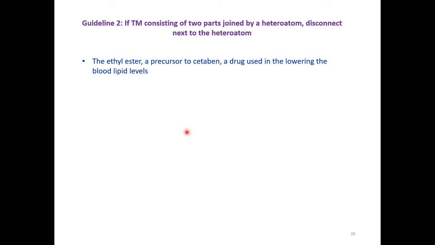So the ethyl ester, a precursor to tabane, a drug used in lowering the blood lipid level. We will see the retrosynthetic analysis for this molecule. In this case we have two functionalities, one is ester and the next one is the amine.